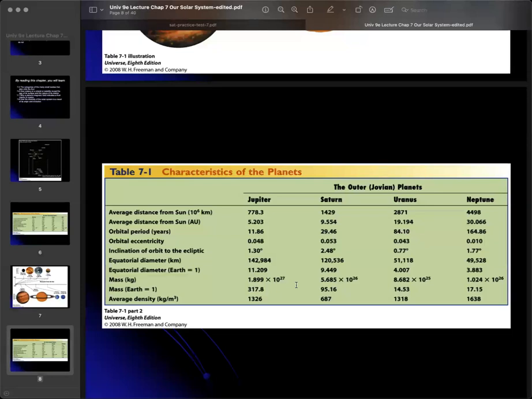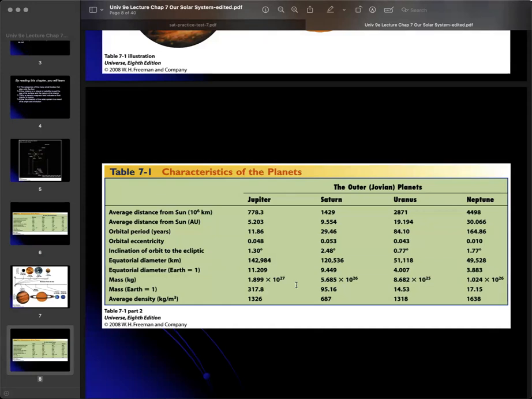So except Saturn, the densities of the other 3 planets are somewhat comparable to each other, but Saturn is especially light. It is so light that it is lighter than water. Water has a density of 1,000 kg per cubic meter, and Saturn is 687.